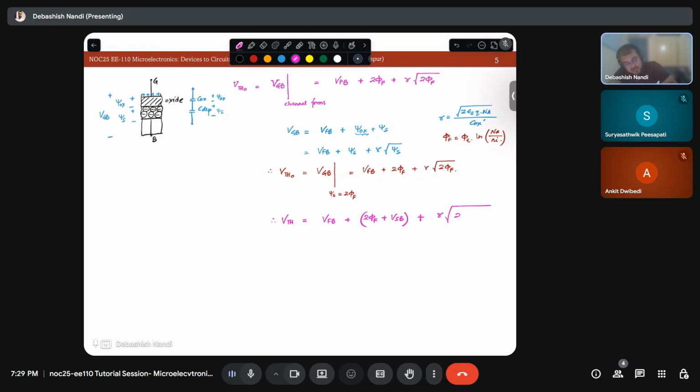In this case also this psi s will be this plus VSB, because this is how much I need to increase my surface potential or lower my energy by, because I applied some VSB between the source and body.